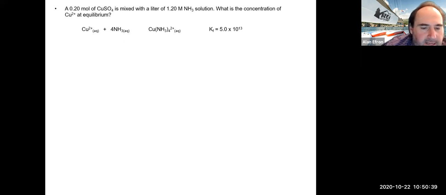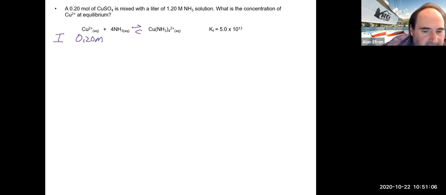Okay. So we have our equilibrium reaction written here. We are going to do an ICE table. So initially, if everything is 1 liter, we would have 0.2 divided by 1, so we will have 0.2 molar here.